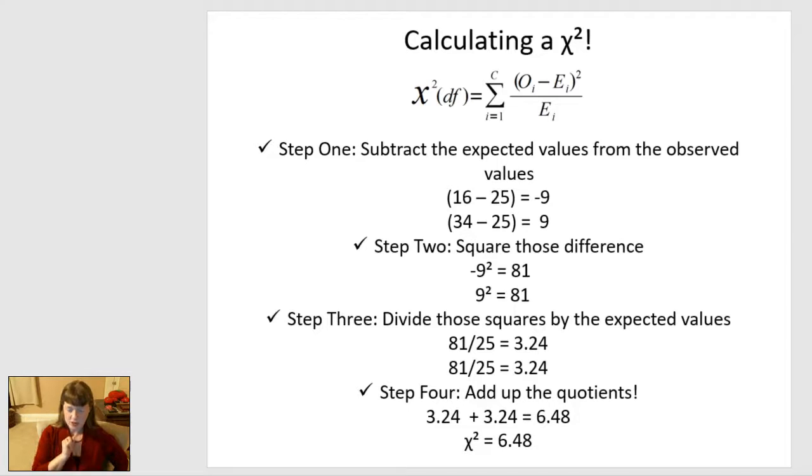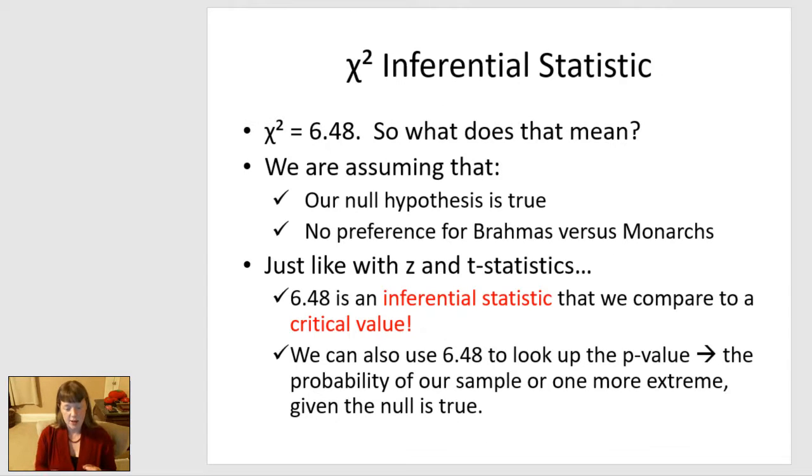All right, so we're going to take this 6.48, which is our inferential test statistic, and we're going to need to compare that to, that's right, a critical value. Because what is this 6.48 again?